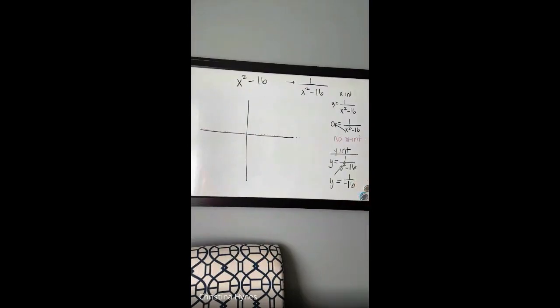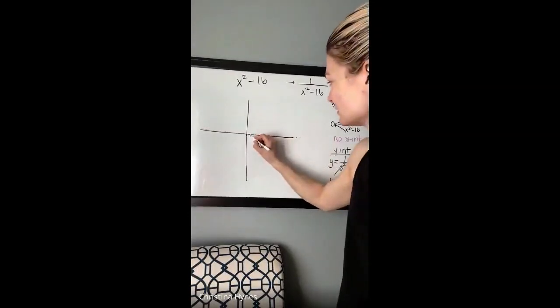It's a really small value, 1 divided by negative 16 is equal to negative 0.0625. So I'll plot that, and I'm going to use blue for that. On your y-axis, you're going to plot a value really close to the x-axis. I'm going to start labeling my graph here.